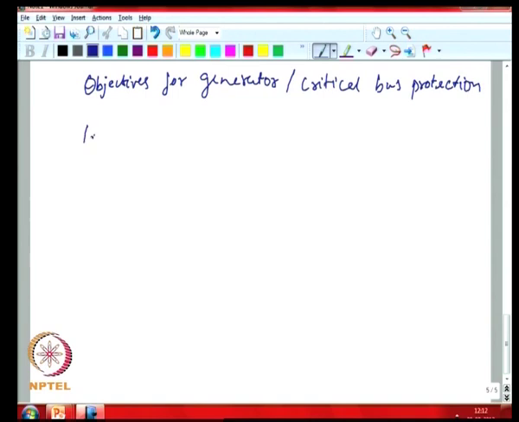So, you would like to have the standard overcurrent protection for the DG and the critical bus.